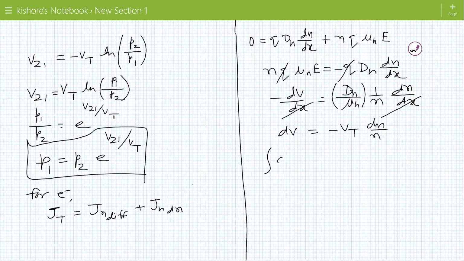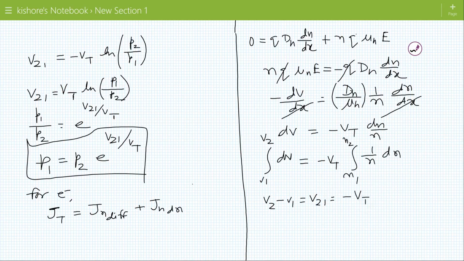Taking the integration, so this is V1 to V2 minus Vt integration of 1 by n from N1 to N2. This is V2 minus V1, that is V21, equals minus Vt natural log of n with limits N1 to N2.